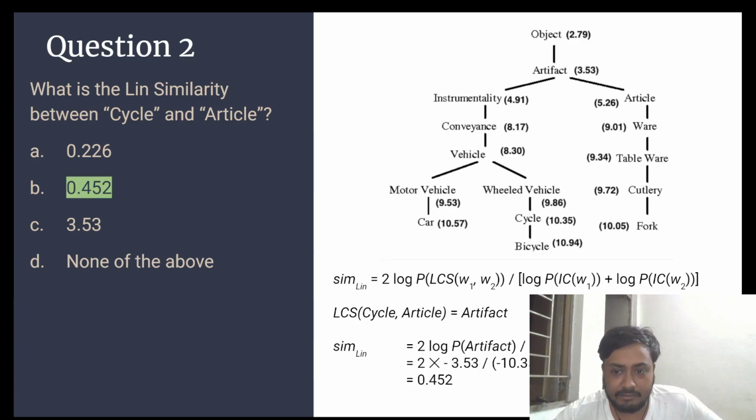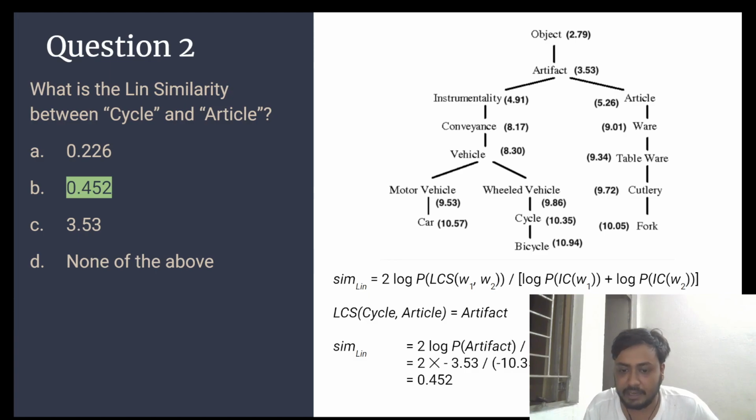Well, you came close but not quite. The Lin similarity is not defined in terms of the IC actually. It is defined in terms of log P. Obviously, minus log P is the IC that you know. It is twice the IC of the LCS divided by the sum of the individual ICs.